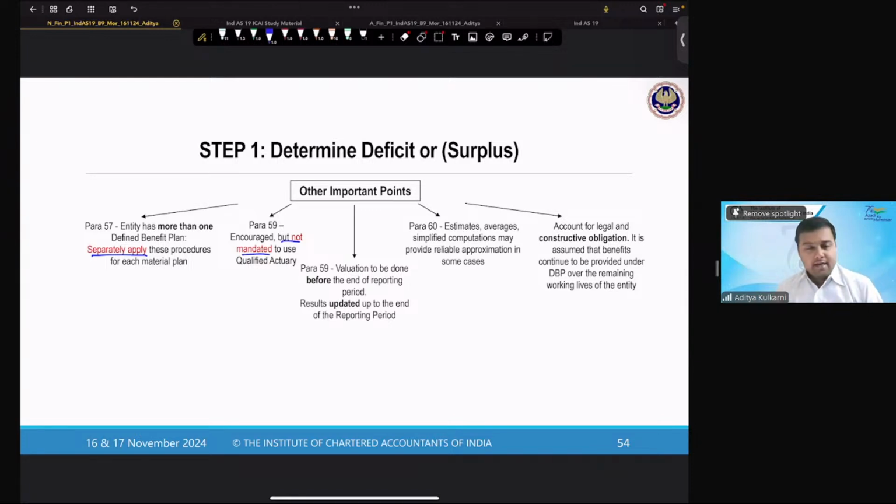But in Ind AS 19, you are seeing this recommendation for the first time. Valuation to be done before the end of the reporting period and results updated up to the end of the reporting period. ये तो सबको पता है. Estimates, averages, simplified computation may provide reliable approximation in some cases. You don't have to be accurate because these are liabilities and plan assets with a horizon that spans across decades.